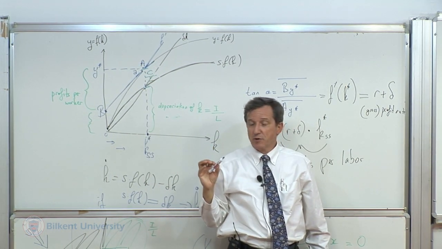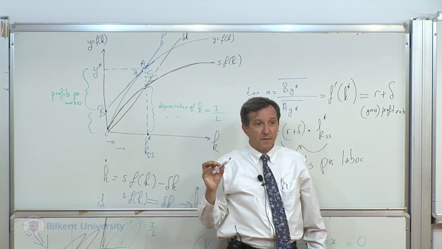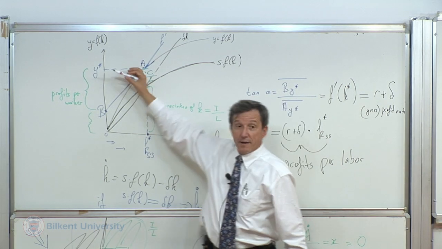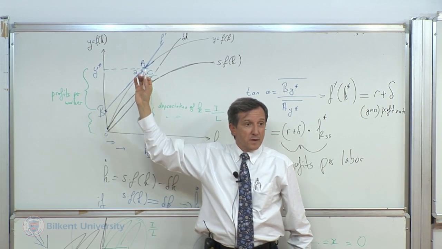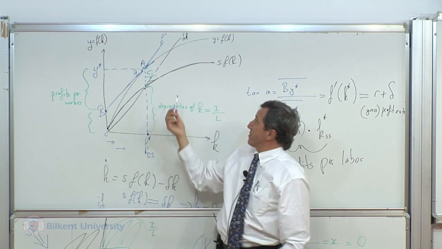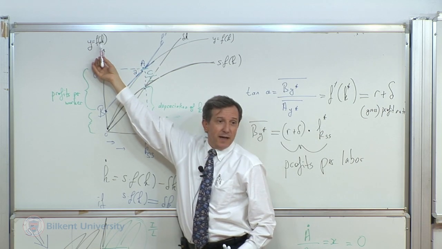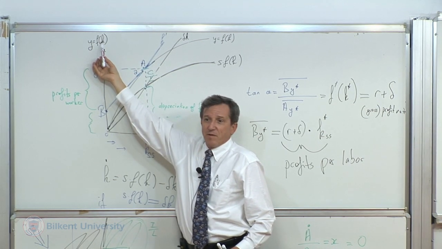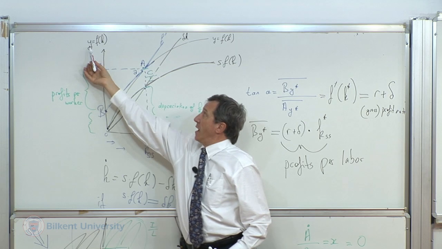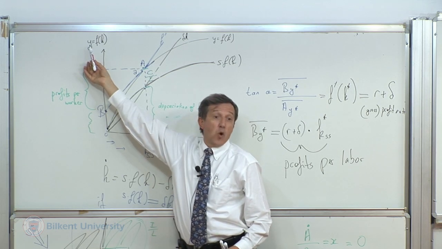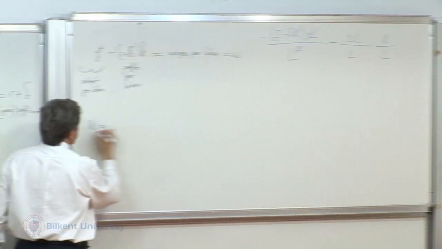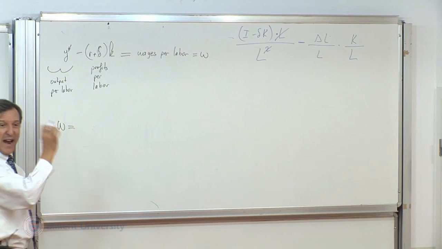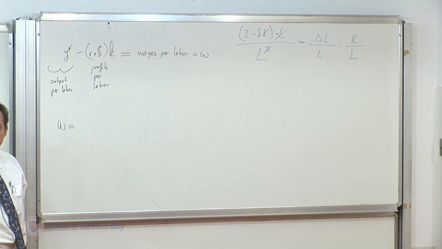What's the symbol that I'm using? No. Output per labor, Y over L, or in terms of functions, that is little y, f of k, right? That's what we mean by output per labor. Either you use little y or Y over L. That is, let's use wage rate, W, wages per worker.